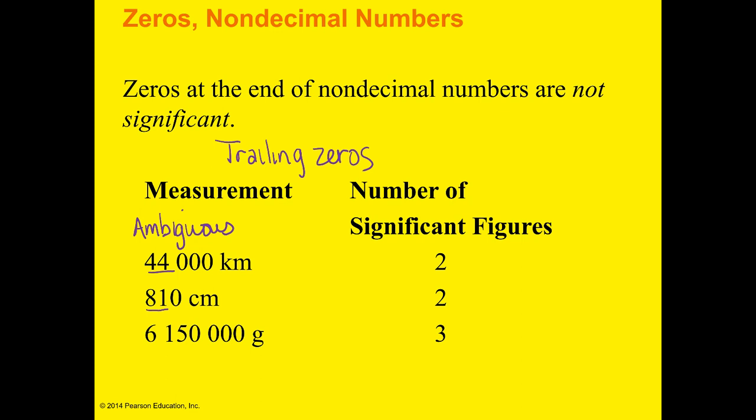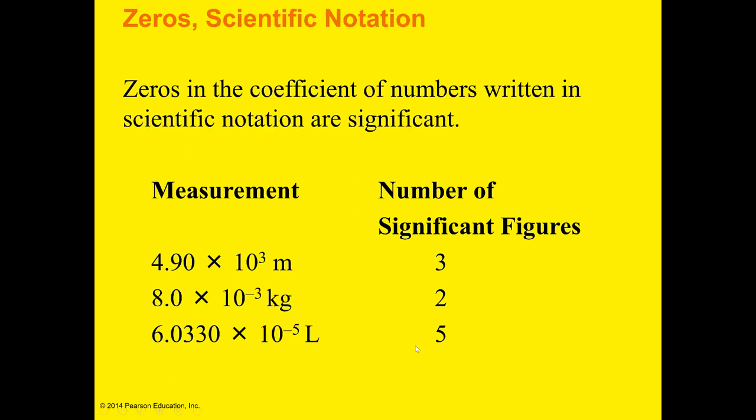And if I look at this number here, the best that's going to be is 3. So these zeros on the end with no decimal place, so non-decimal numbers, the best you're going to be able to say with them is that they're ambiguous. You have to play it conservative and just look at the non-zero digits. So this first one has 2, the second one has 2, and the last one has 3.